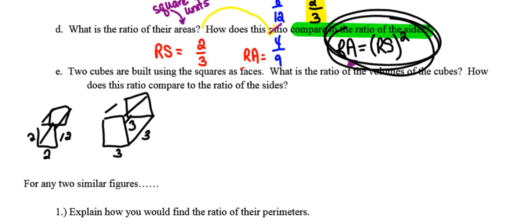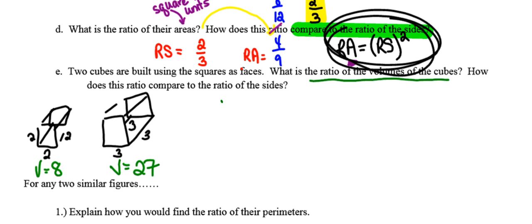So it now wants us to compare their volumes. Well, the volume of the little cube is going to be 2 times 2 times 2, making that total volume 8. For the larger cube, volume will be 3 times 3 times 3, or in other words, 27. So now it wants us to go find the ratio between these two volumes.